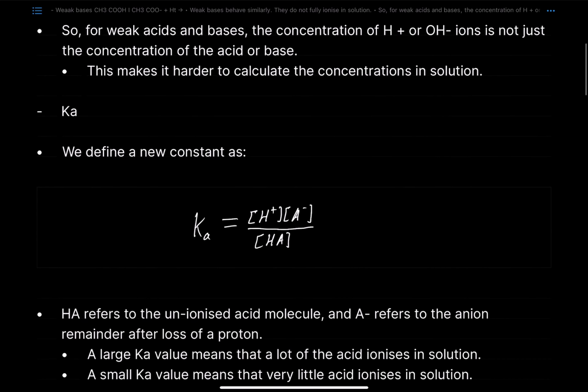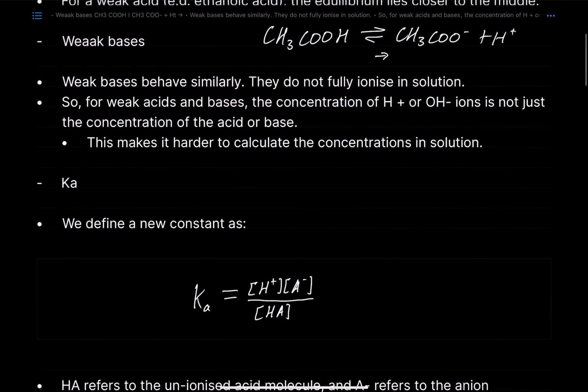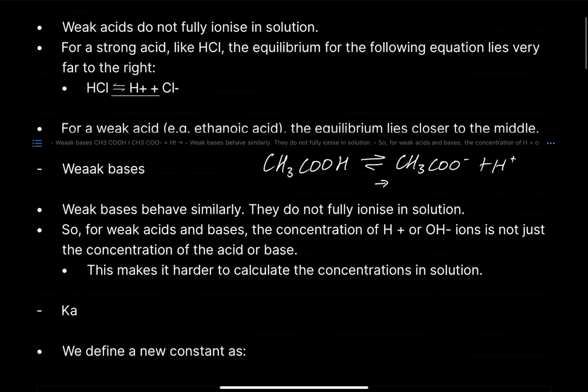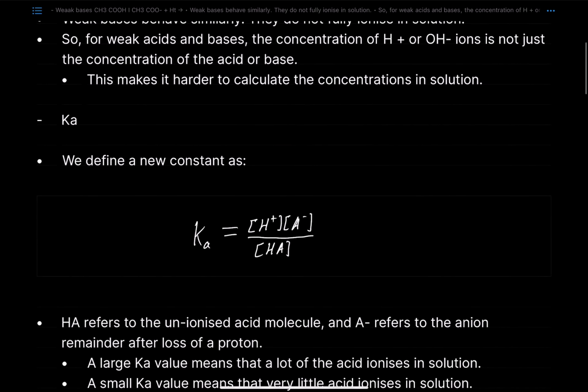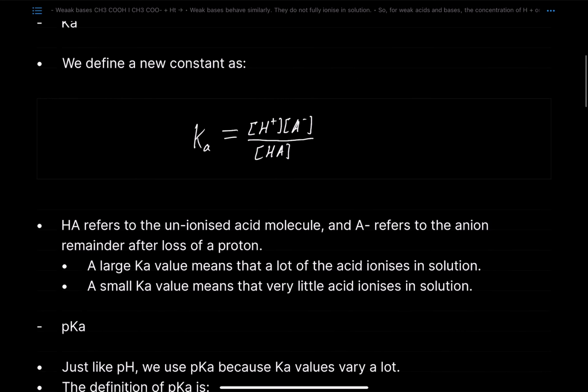We define a new constant as Ka is equal to H plus times A minus over HA. And if you're ever thinking about why it's written as this, it's as simple as the fact that this reaction here, any acid, so let's say we call it HA. We refer to halides as A minus. So HA refers to unionized acid molecules.